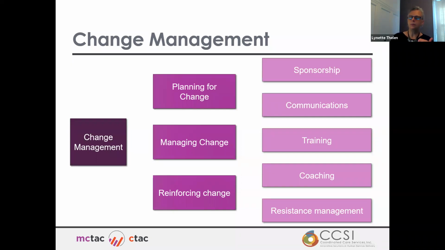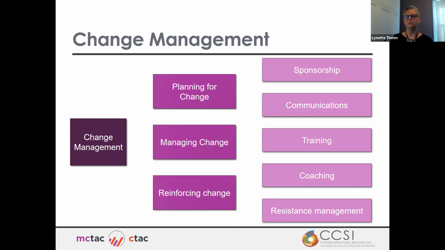And coaching is a little bit of a next level of training. So when you implement a change, very often, not everybody adopts it. So coaching is kind of who do I need to work with one-on-one to really help make sure this change comes into play and gets adopted. And then lastly, there's resistance management, which we know that in a perfect world, we would love everybody to say, hey, we're all on board and we all want to do this, but sometimes we run up against resistance.